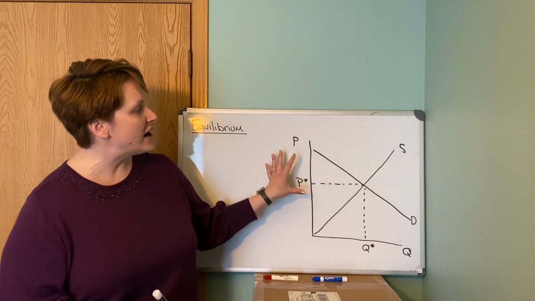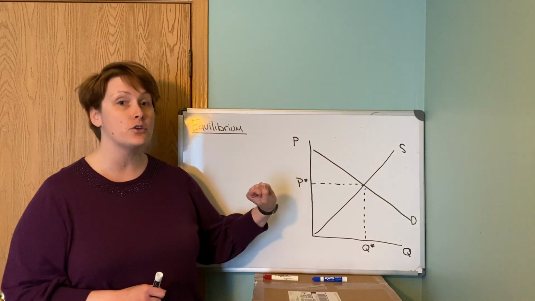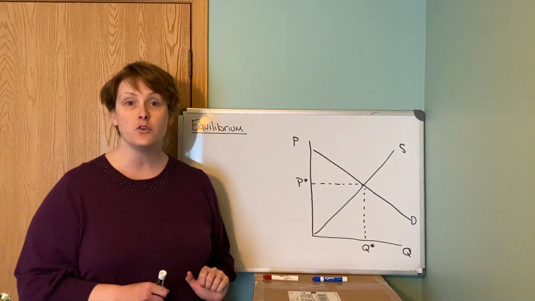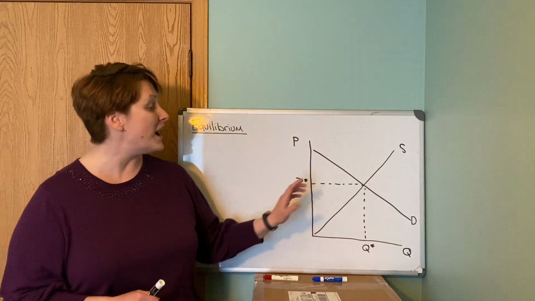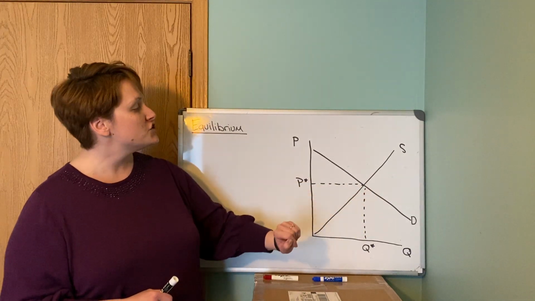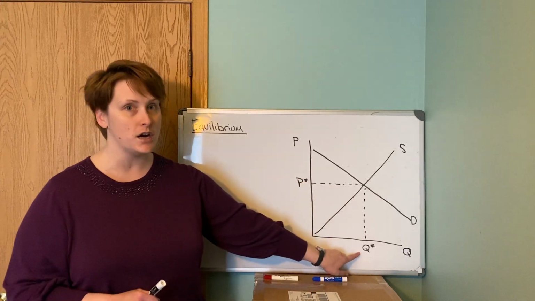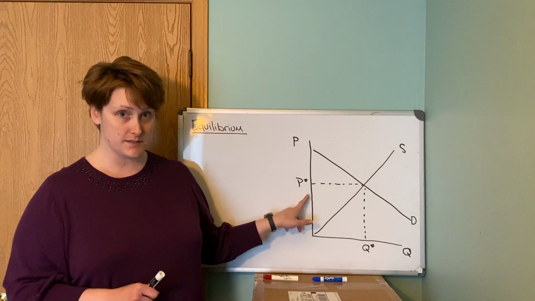So if you look at this graph, you'll see that both of our figures are now on the same graphic representation. Again, price on the vertical, quantity on the horizontal. And our equilibrium is going to occur where our quantity demanded is equal to our quantity supplied. So I've labeled this on our graph as P star and Q star, and we refer to P star as the market price.